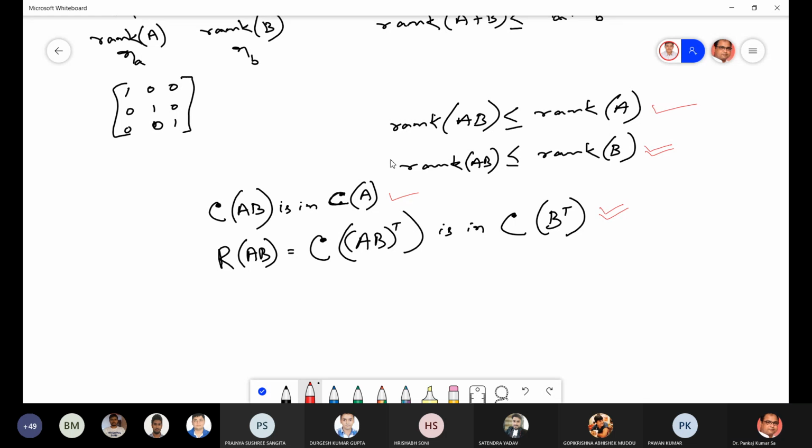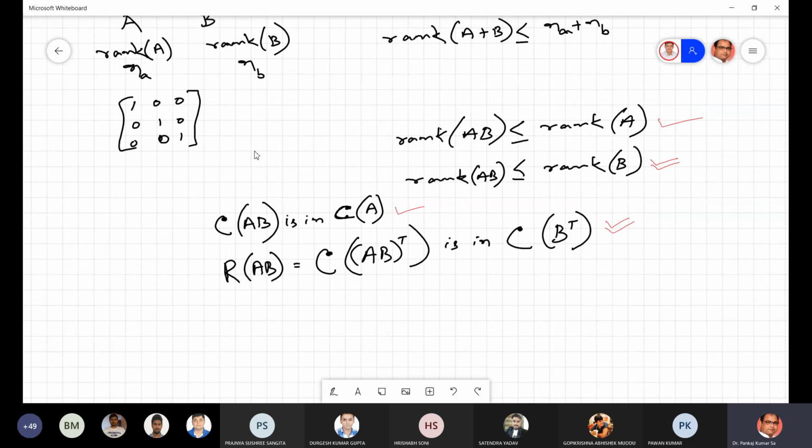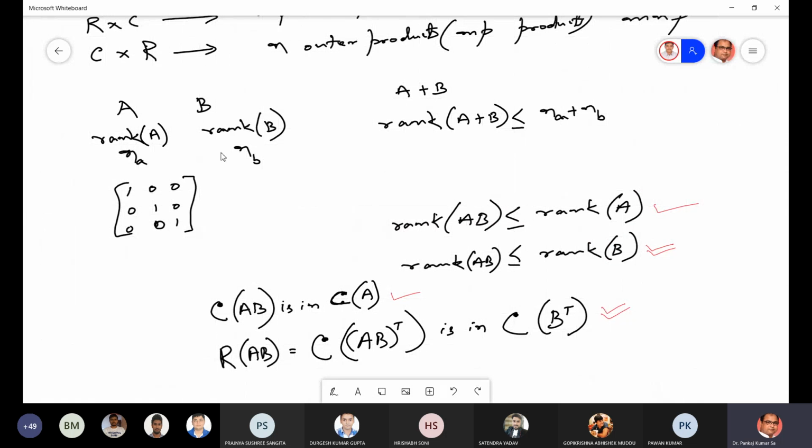No. Did I say that rank of A and B are the same? Let us say there are N A independent columns and N B independent columns. N A and N B may be equal, may not be equal.